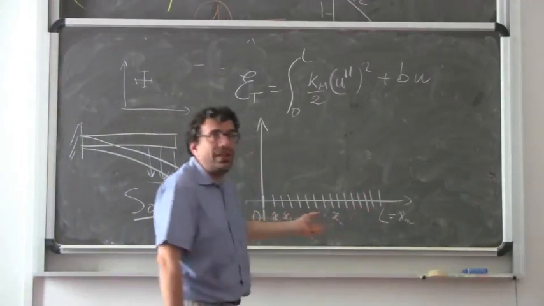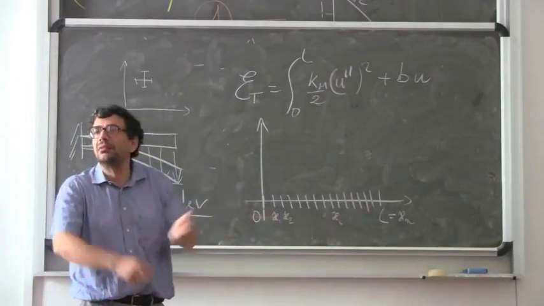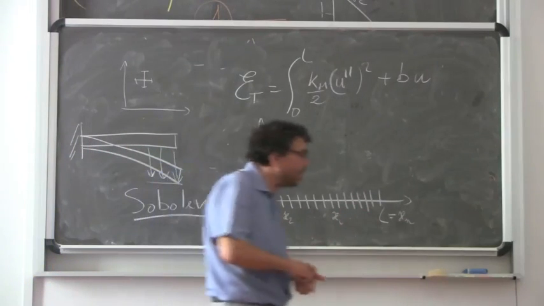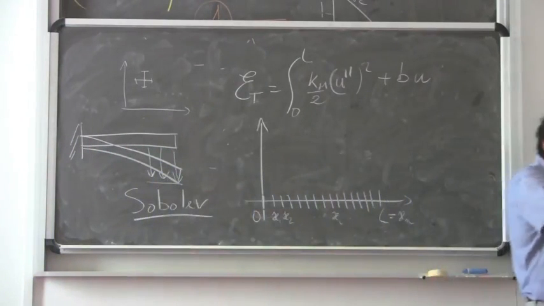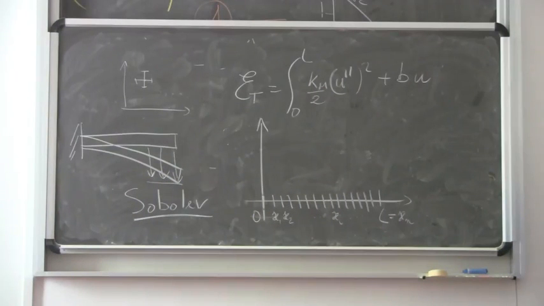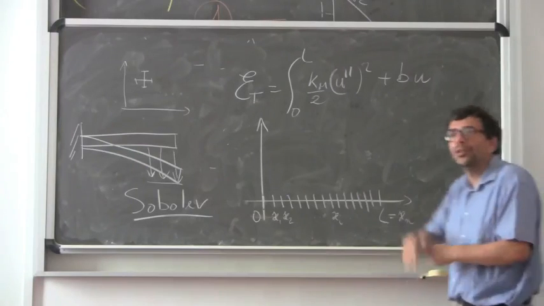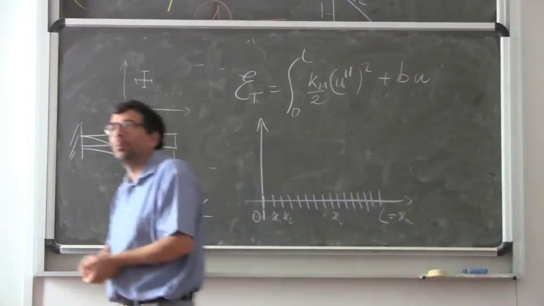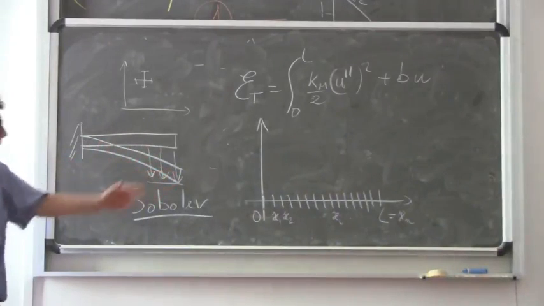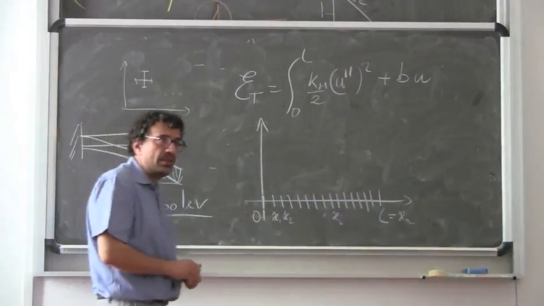How you are placing these points in this interval depends on your problem. You can place them, this is a mesh, you can place them with the same distance, uniformly in the interval. You can gather, if you expect that something is happening in a point, you can have more of them in this neighborhood. This is your understanding of the problem, which gives you this solution.